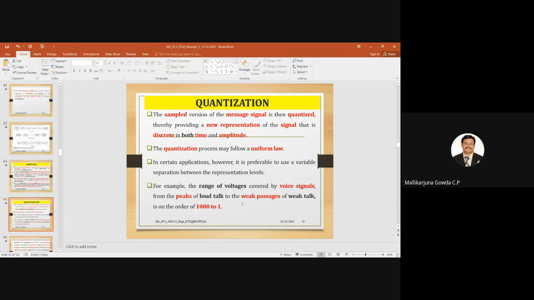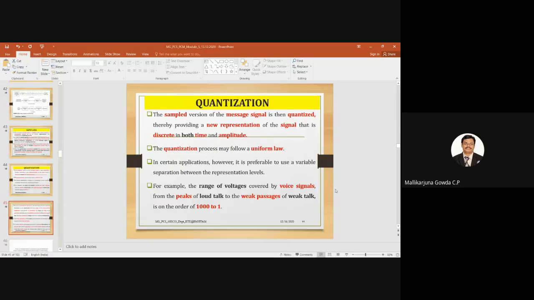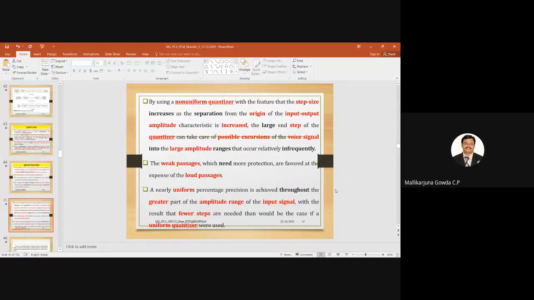Sometimes we talk with high pitch and sometimes with low pitch, so there will be variations in its magnitude. That variation will be in the order of 1000 to 1. In that case, I need to vary the spacing between the adjacent representation levels. So we use non-uniform quantization for voice signals. Hope that is clear.